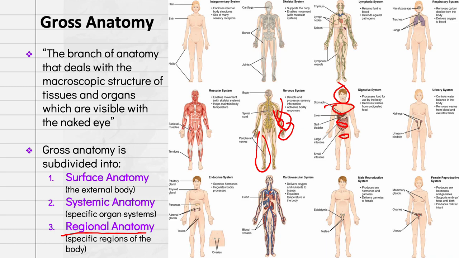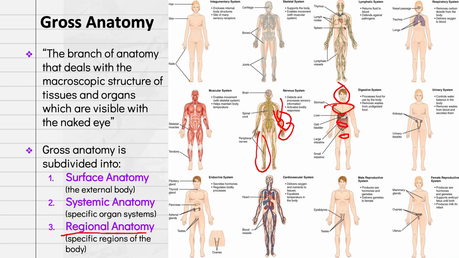Sub means under, cutaneous means skin. So under the skin we have subcutaneous fat, then we have veins, then we have muscles, and in between muscles we have arteries and also nerves, and these muscles are surrounding the bones. So this all comes under the upper limb.